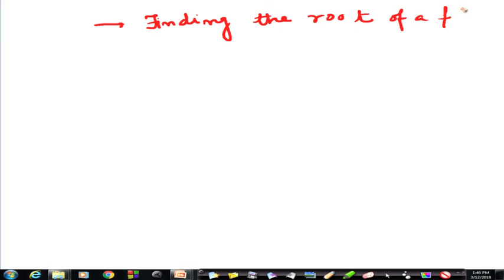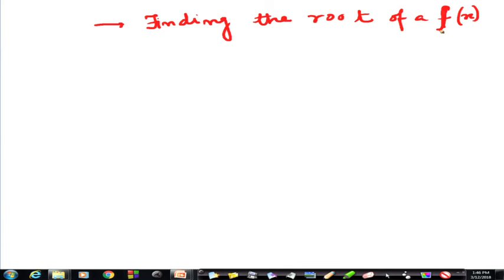Now, we have a number of problems to solve using data. So, for example, let us start with one problem, finding the root of a function, some function f x.